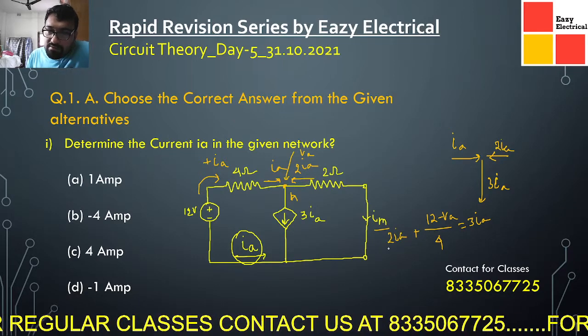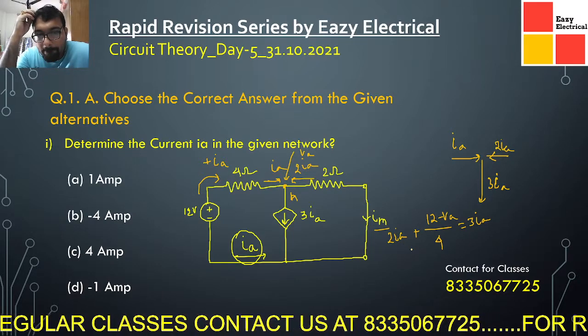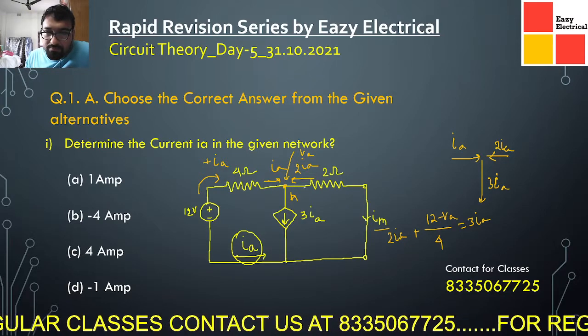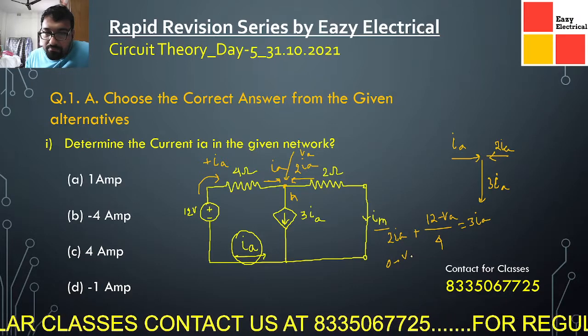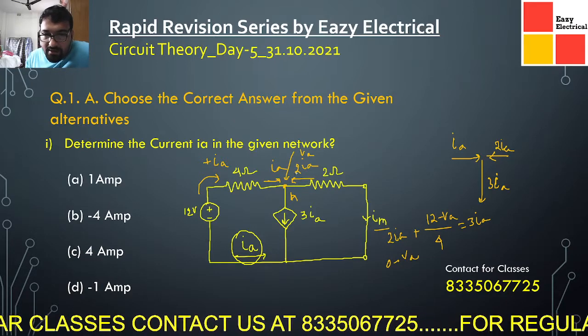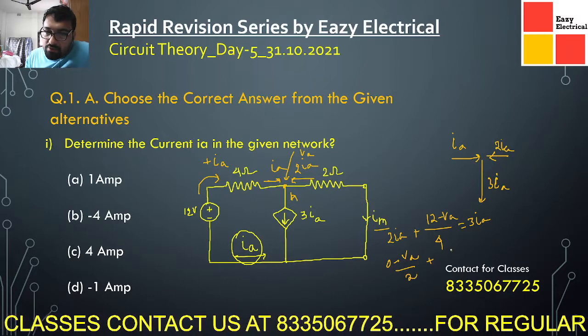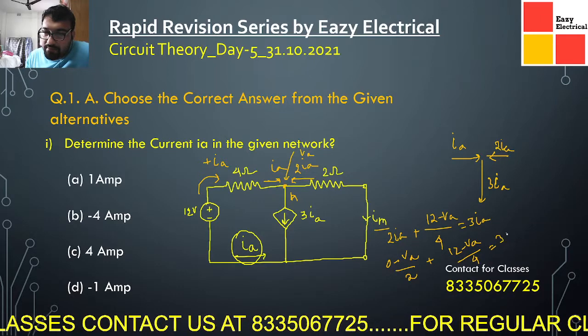From this, this term we can also write like this: 0 minus VA from this direction to this direction by 2, plus 12 minus VA divided by 4 equals 3IA.